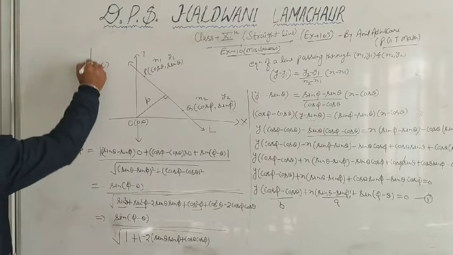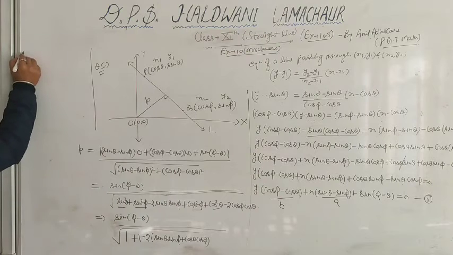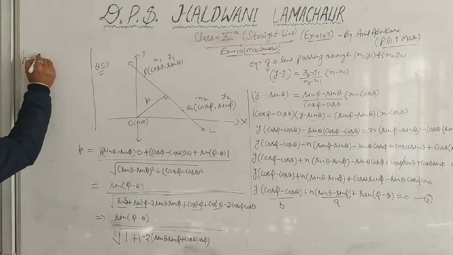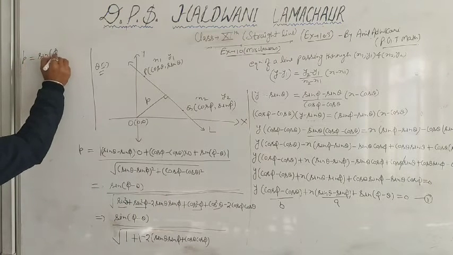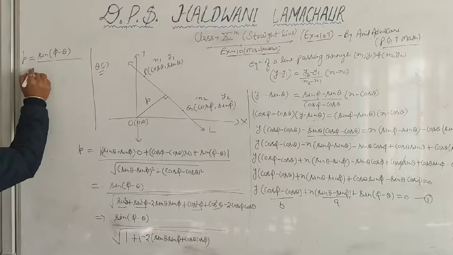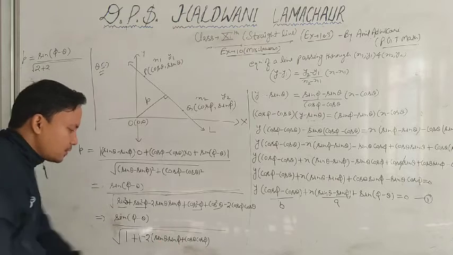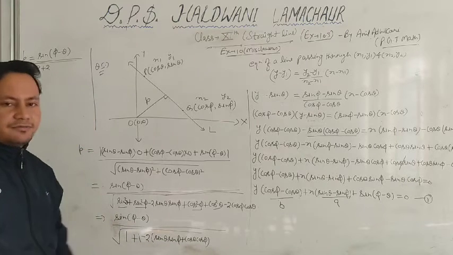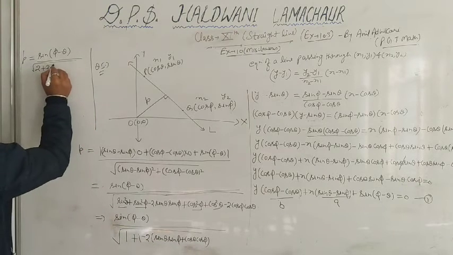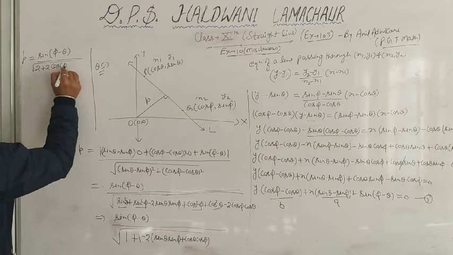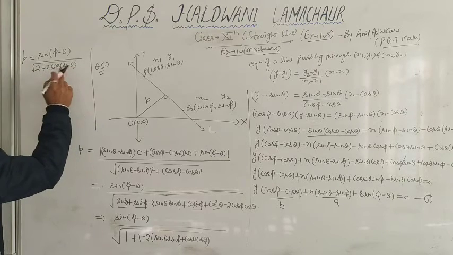So the value of p is sin phi minus theta upon root 2 plus 2, and this is the formula for cos theta cos phi plus sin theta sin phi. This is the formula for cos phi minus theta, you can say cos phi cos theta minus sin phi sin theta.